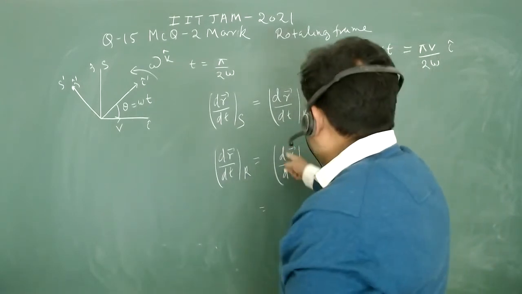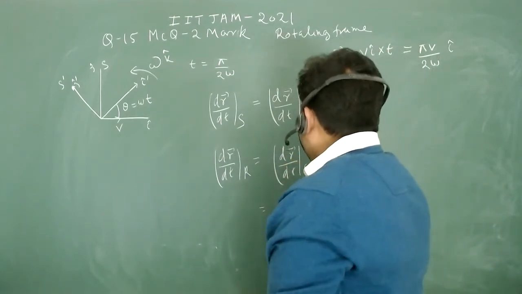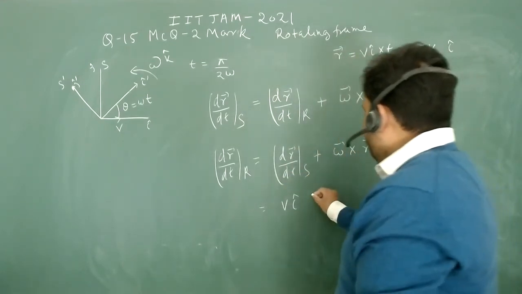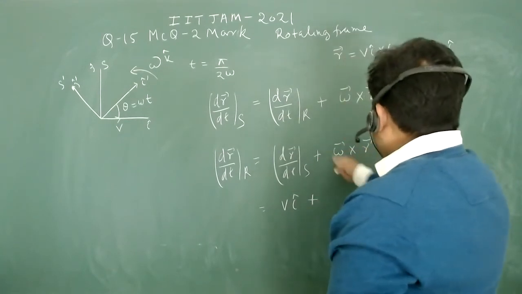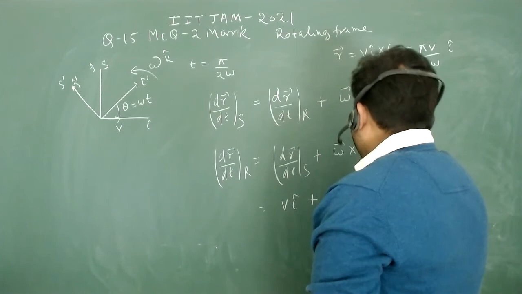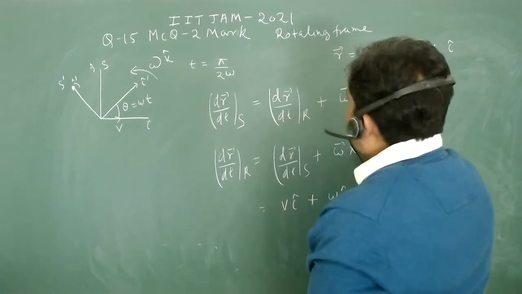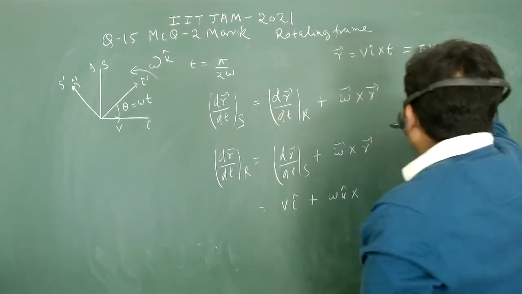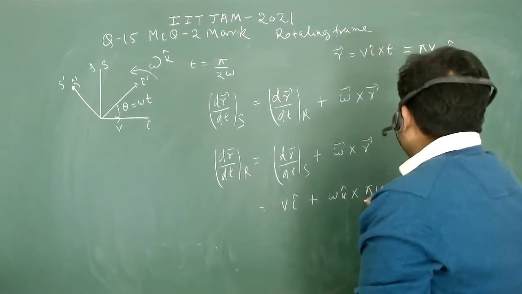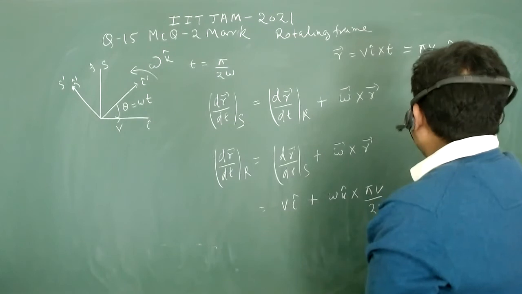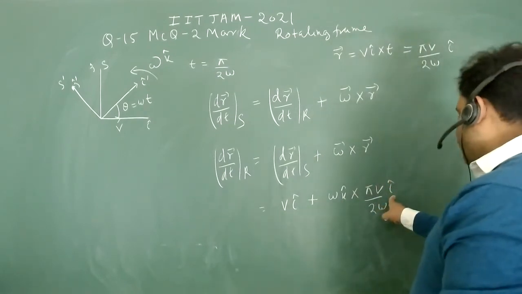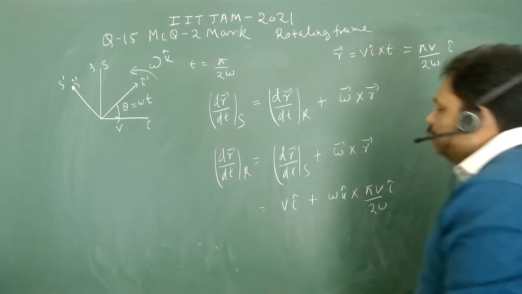So this is given in the problem. So this is v i cap at some time t plus omega, which is obviously in k cap, cross r. r we have calculated as pi v upon 2 omega i cap. So k cross i cap is nothing but j cap.